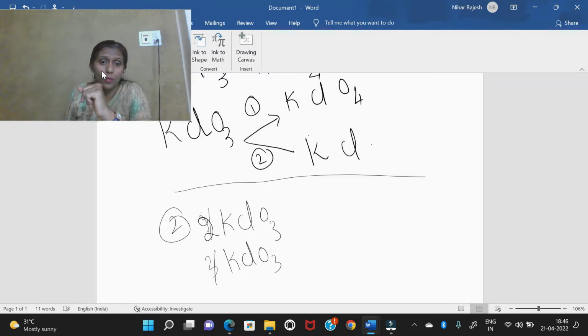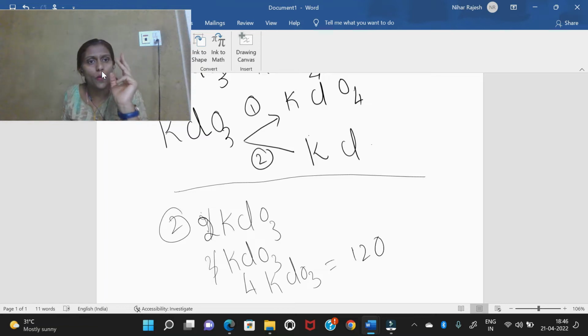This is not possible. Now I go for 4 KClO3. So here it is 4K, which will get split to 2K and 2K. Fine. 4Cl, 2Cl and 2Cl. That's also correct. 4O3, which becomes 12O, right? So I am supplying 12 atoms of oxygen at a time.